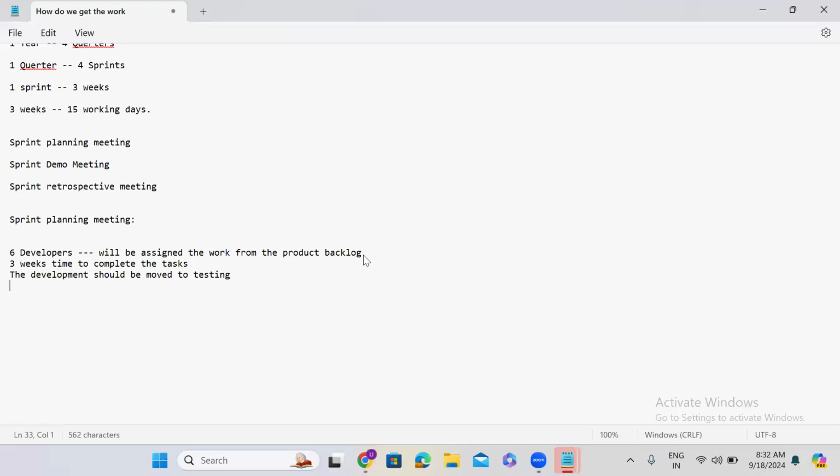Then testers will test it. If any bug or defect is identified, they will create a defect for you and you will have to work on those defects as well. Once you complete the defects, the work will be moved to production. We'll come to that point later.